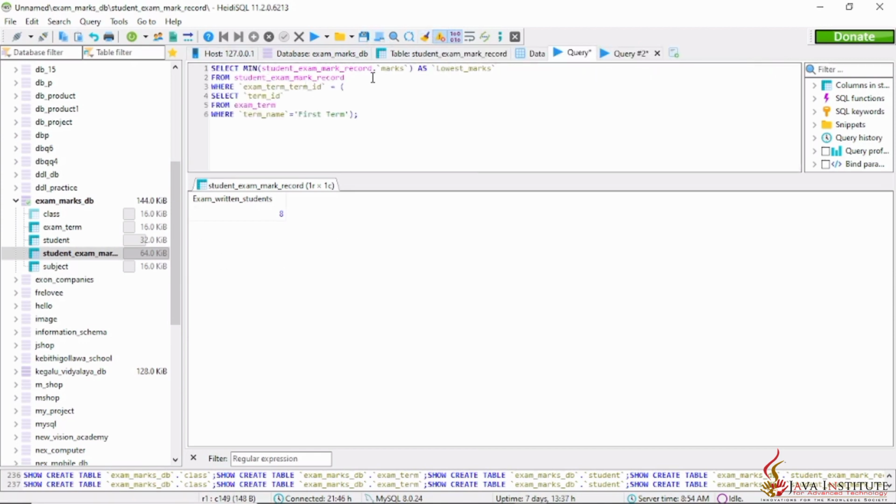Select the minimum marks as lowest marks from the student exam mark record table, which fulfills this condition also. So I am executing this. This says that the lowest marks in the first term is 10.5.